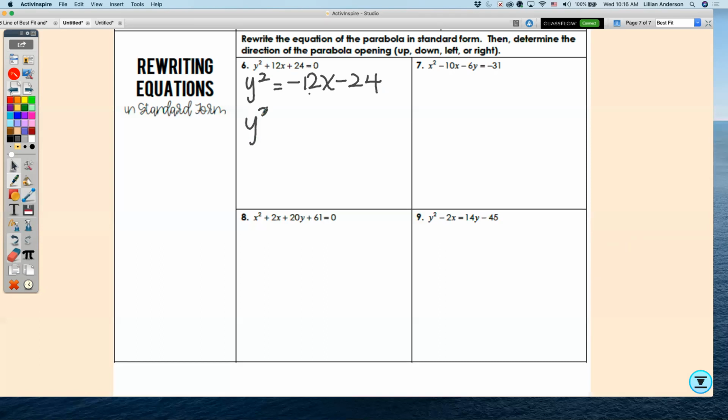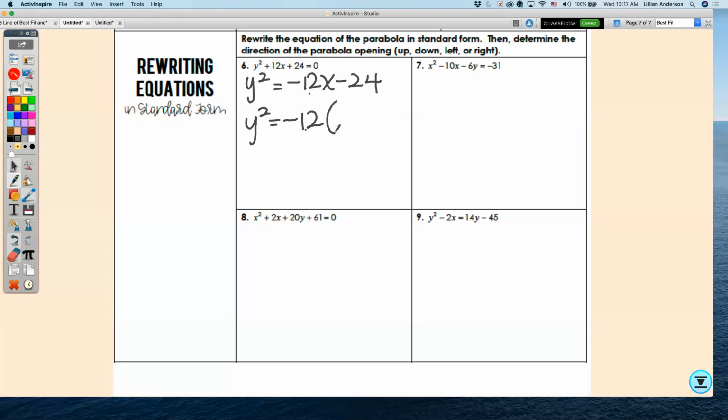But on the right side, I need my 4p, which means I'm going to need to factor out the GCF, which is going to be what? It is going to be 12. More specifically, it's going to be a negative 12, because your x needs to be positive.